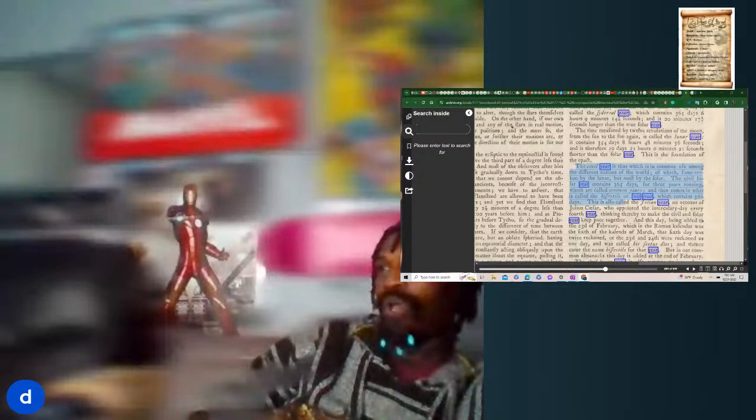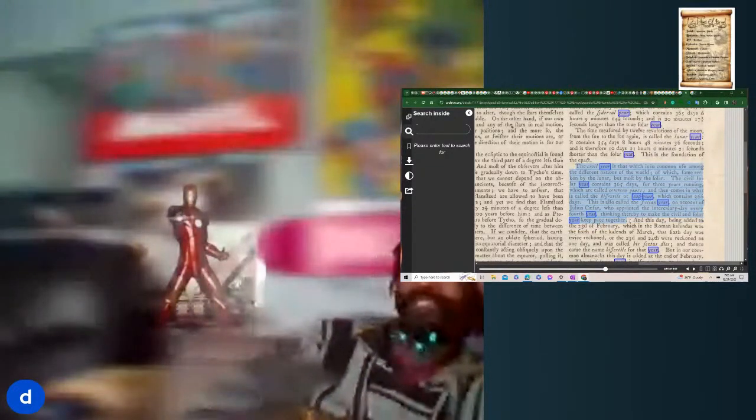This is also called the Julian year on account of Julius Caesar, who appointed the intercalary day every 4th year, thinking thereby to make the civil and solar year keep pace together.